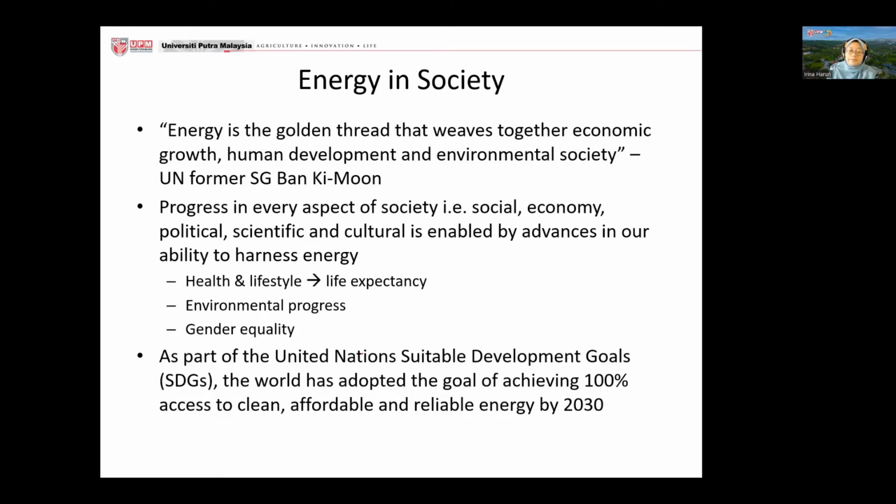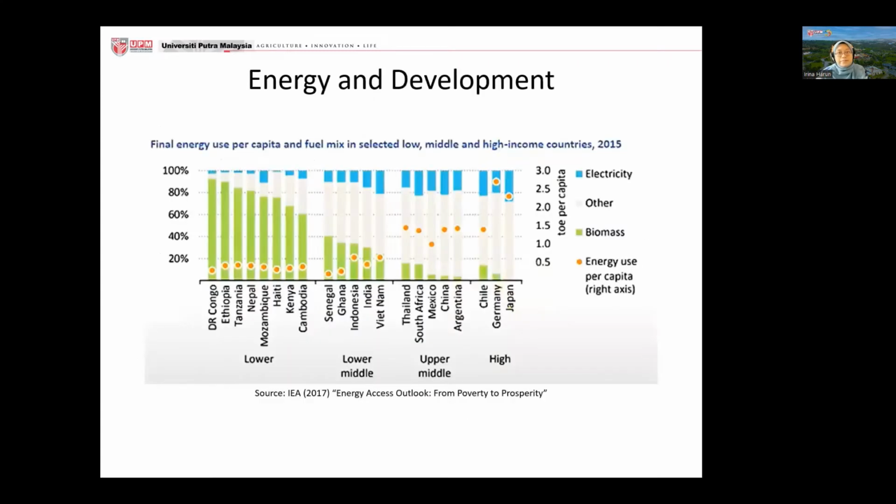And as part of the SDGs, if you know, clean energy is one of the goals. The world has actually adopted the goal of achieving 100% access to clean, affordable, and reliable energy by 2030. That's what we aspire for as a whole world.